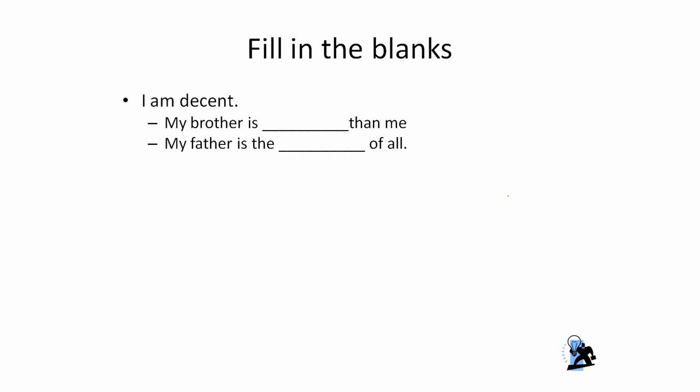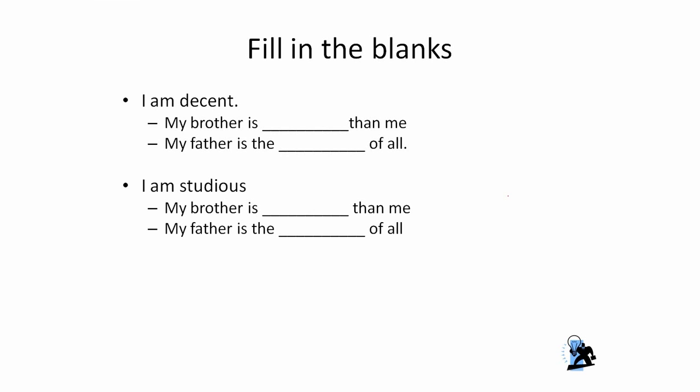My brother is more decent than me. I am studious. My brother is dash than me. My brother is more studious than me. My father is the most studious of all.